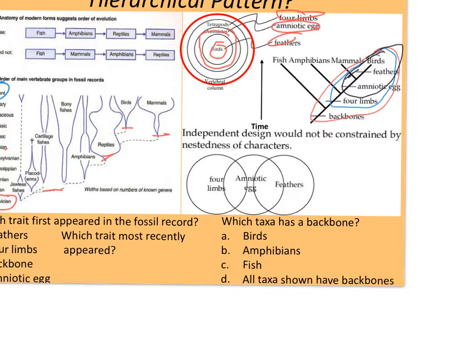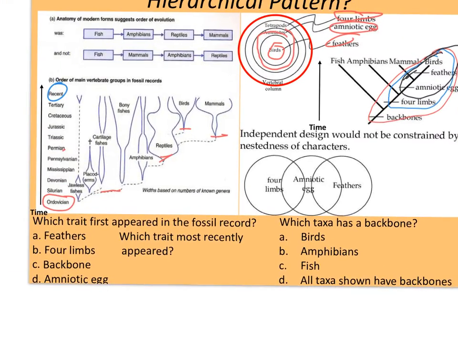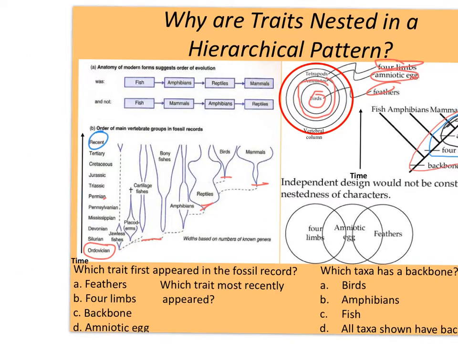So, for example, which taxa up here has a backbone? Do fish have backbones? Do amphibians have backbones? Do mammals have backbones? Do birds have backbones? Which one? All of them, exactly.